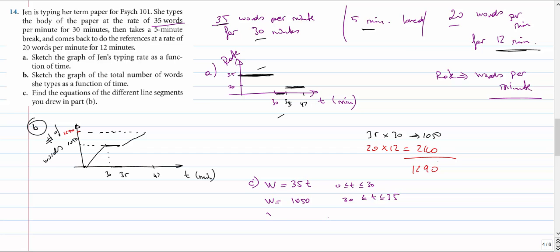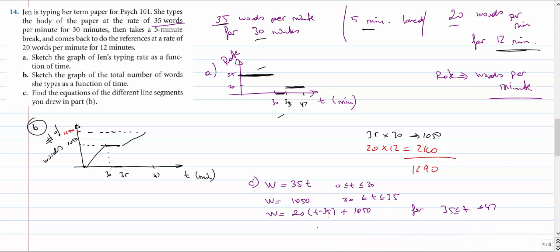That's the break. And then the words is 20(t minus 35) plus 1050 for time greater than 35.